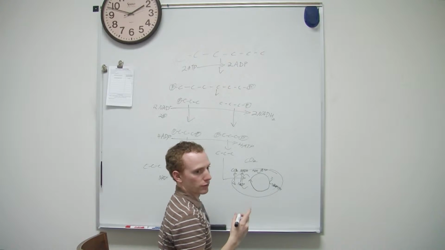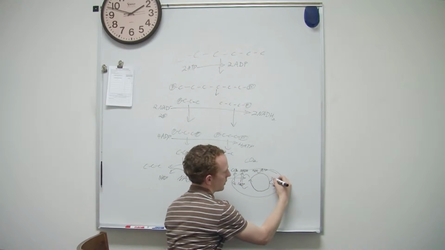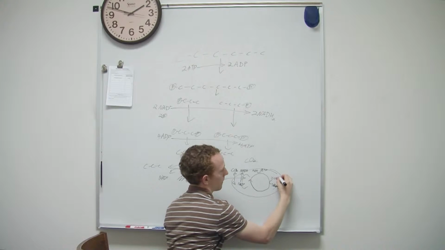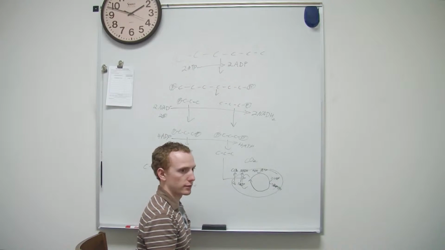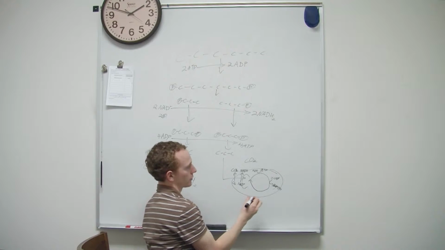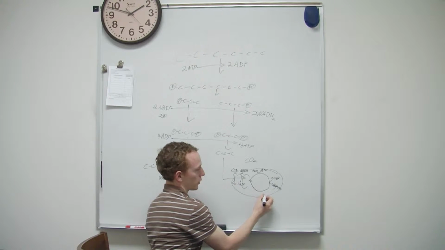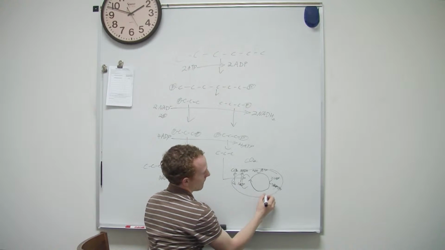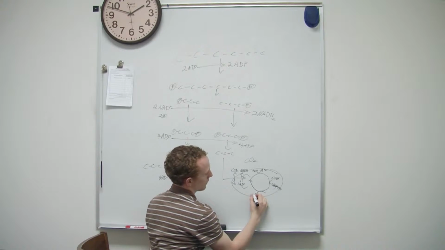I'm just going to write it for one, because your way is absolutely correct. And then for one glucose molecule, you produce 2 FADHs, and for a pyruvate, you produce 1 FADH.